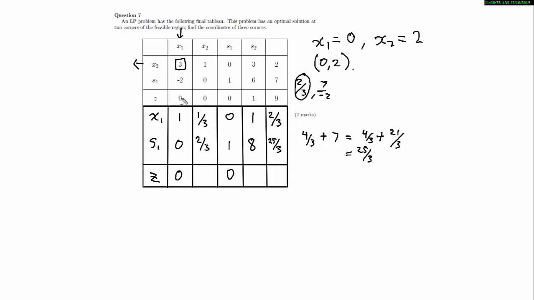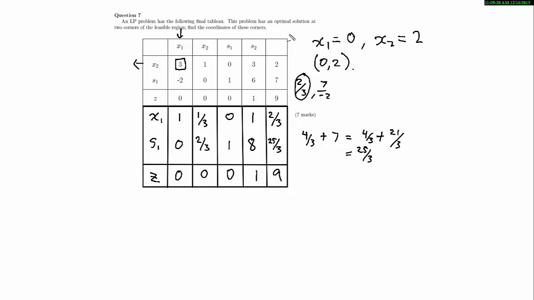Now finally, for the Z row, according to the simplex algorithm, we add 0 copies of this row to this row, which gives itself. Okay, so we've completed the pivot, and we can notice again that there are no negative entries in this bottom Z row.